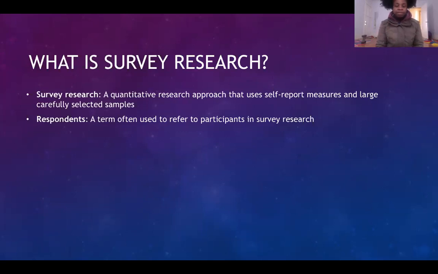The variables of interest are measured using self-reports. In essence, survey researchers ask their respondents to report directly on their own thoughts, their feelings, and their behaviors. The second important characteristic is that considerable attention is paid to the issue of sampling.